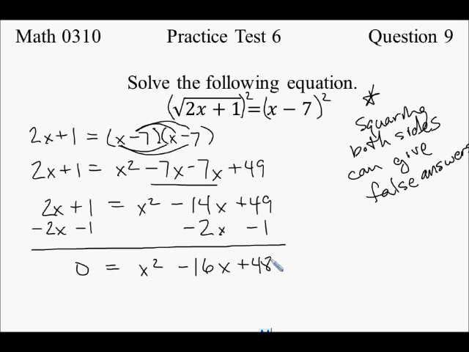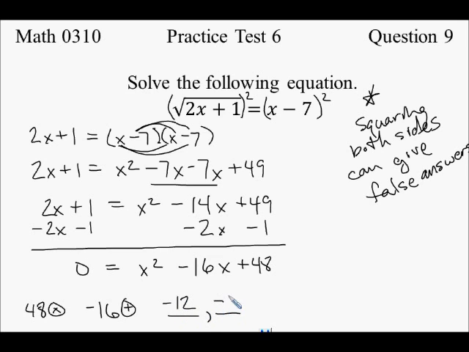Okay, and so now we would look at factoring the right-hand side like we would have done in chapter 6. This is like a 1x squared, so we're going to need two numbers that multiply to give us 48 and add to give us negative 16. So we're looking for two numbers that work there. We would regroup our middle term according to those two numbers, and the numbers happen to be, in this case, negative 12 and negative 4.